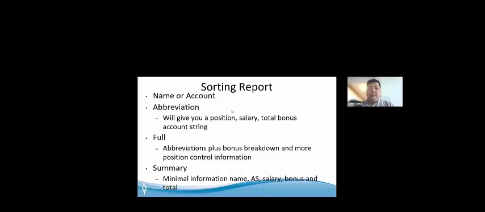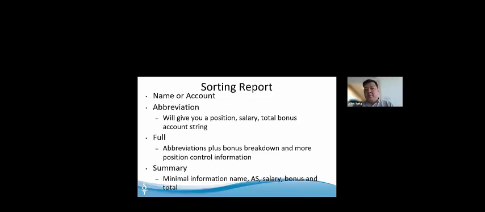Okay, sorting the report. There are three options in the screen to sort the report: abbreviation, full, and summary. Abbreviation will give you position, salary, total bonuses, all kind of grouped together, not broken out like the bonuses. So it gives you a good amount of information.